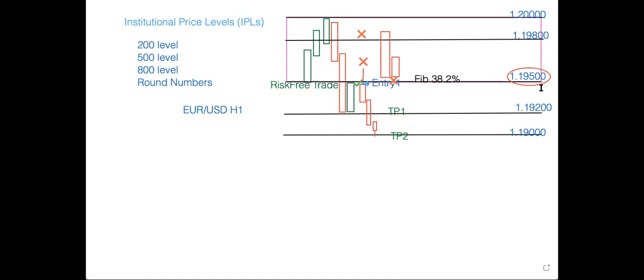Not exactly on the IPL, because the IPL has the potential to be hit.